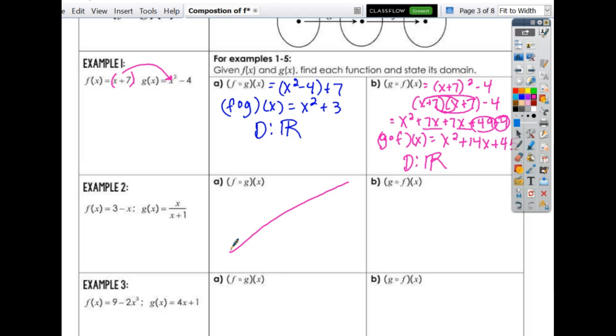So I'm going to start with the f. So this is the f, right? So if I put parentheses around it, every time I see an x in the other function, I have to substitute. So I'm going to have 3 minus x over 3 minus x plus 1.